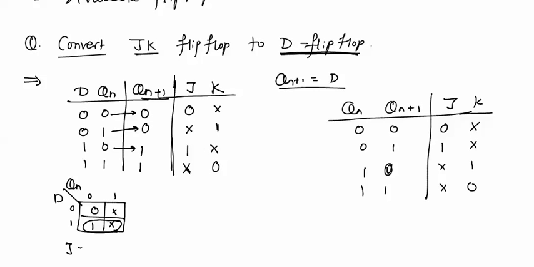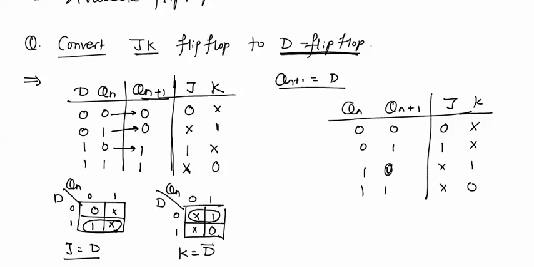So J will be written as D. Now we'll solve K map for K. Cross 1 cross 0, only one pair, and K will be equal to D bar.